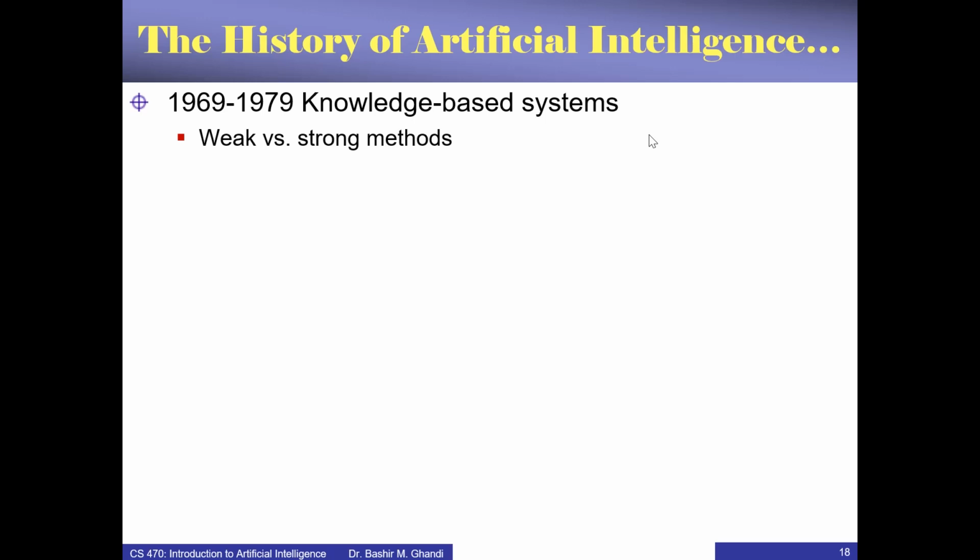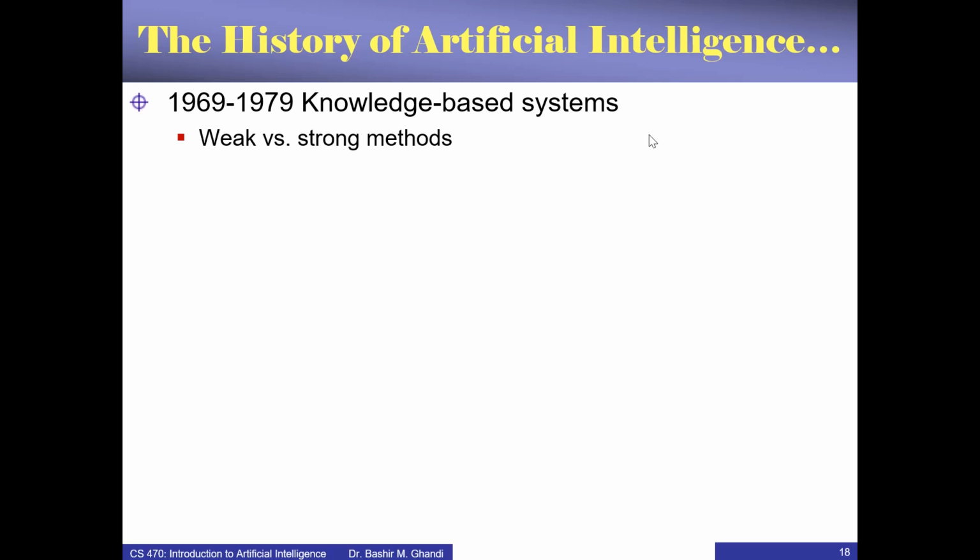In this period, 1969 to 79, they began to explore another alternative method. This alternative method is to use domain-specific knowledge.